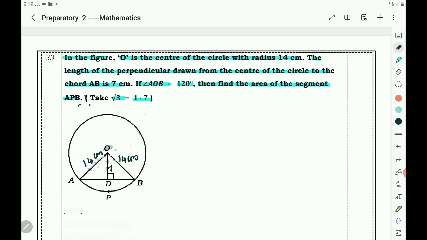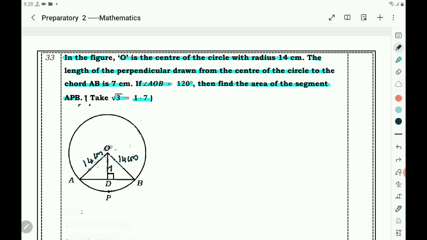To find the area of the segment APB, we have to find the area of the sector OAB, and also the area of the triangle OAB. Area of the segment APB equals area of the sector OAB minus area of the triangle OAB.